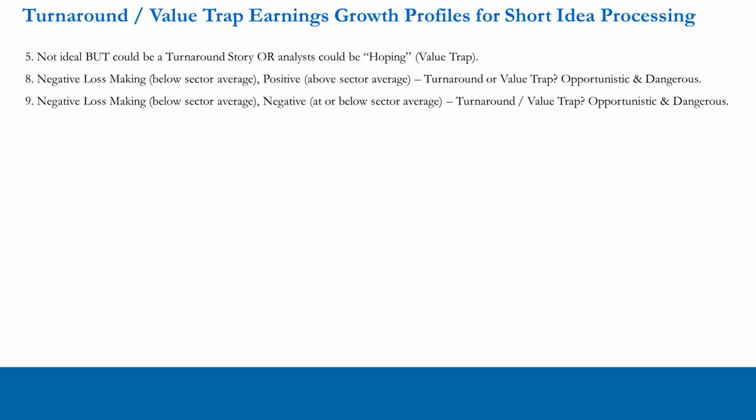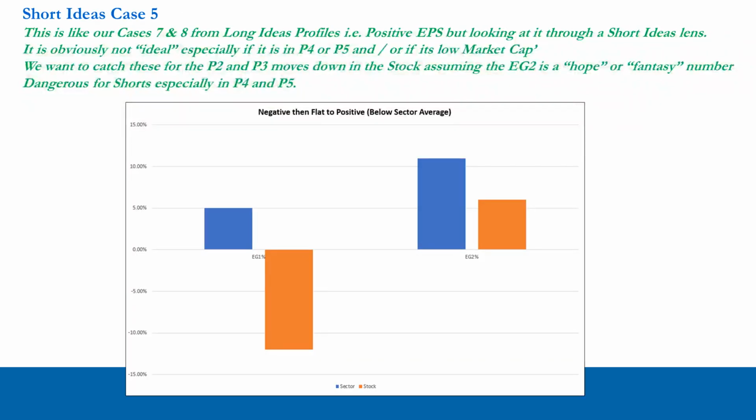So we have our case number 5, our case number 8, and our case number 9. And if you recall, case number 5 was in an EPS backdrop that was still positive EPS, and case number 8 and 9 were actually loss-making operations. So let's have a look first at our case number 5, where we have positive EPS.